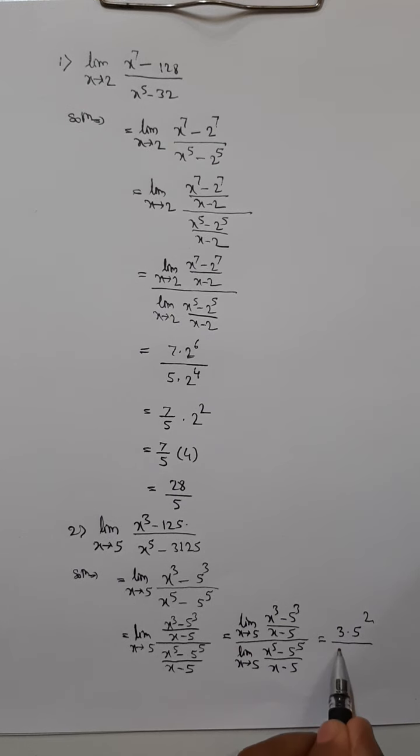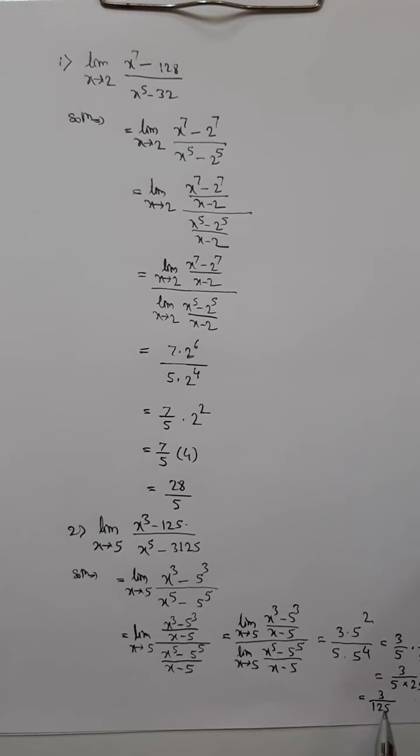In the denominator, the index is 5, multiply, and subtract 1 from the index, 5 minus 1, 4. It is equal to 3 divided by 5, and 5 square divided by 5 to the power 4. The 5 square cancels here and we get 5 square in the denominator. So it is equal to 3 divided by 5 into 25, which is 125. So 3 upon 125 is the limit of this problem. Continue with the third problem.